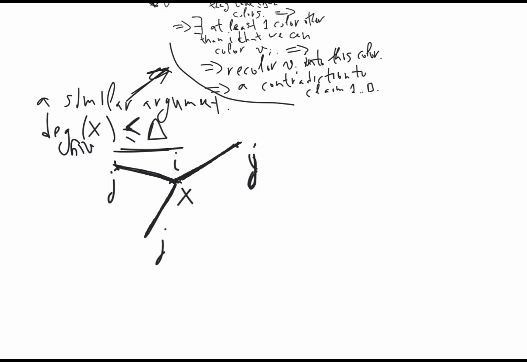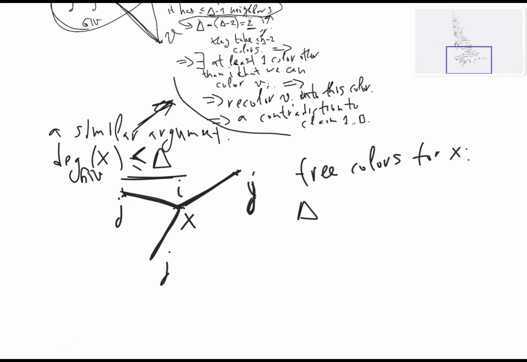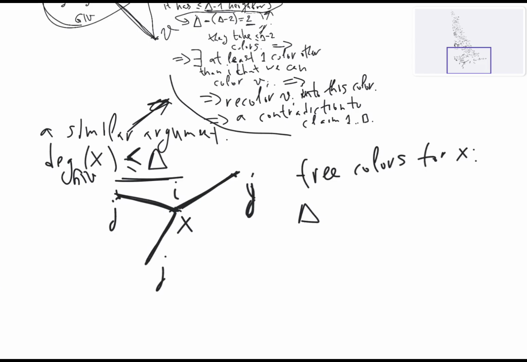So 3 colors for the vertex X. There are delta colors in total, and it has delta neighbors, but 3 of these vertices have the same color. So basically, we need to subtract 2 from delta.